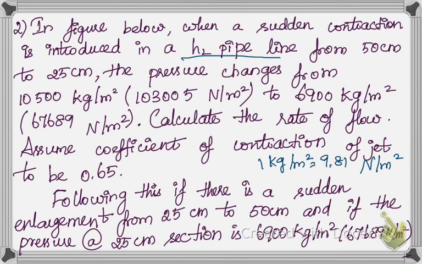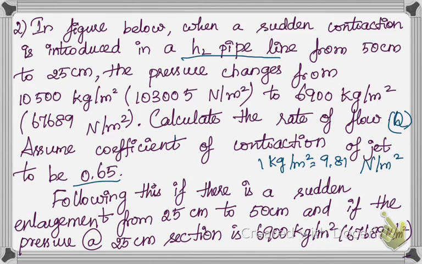Now calculate the rate of flow. So they have asked us to calculate the rate of flow Q, and they have given the coefficient of contraction, just assume it to be 0.65. Then following this, there is a sudden enlargement from 25 to 50 centimeter. So first contraction is taking place, then enlargement is taking place, and because of that there will be a change in pressure too.